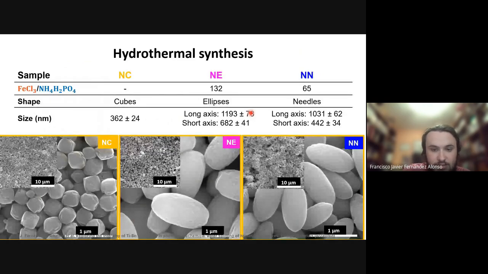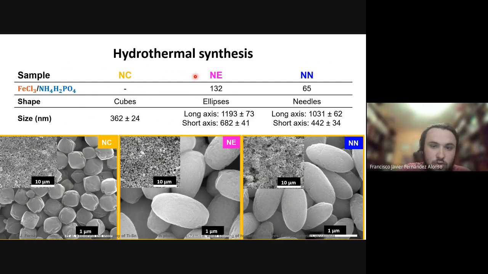Here we have some morphological characterization of the nanoparticles we synthesize. This has been published in ACS Applied Materials and Interfaces, by the group. We see that if we don't add any ammonium phosphate, we obtain nanoparticles of about 400 nanometers with a cuboidal shape.